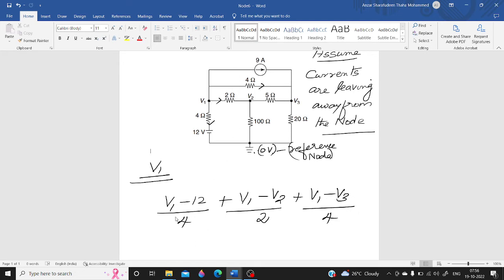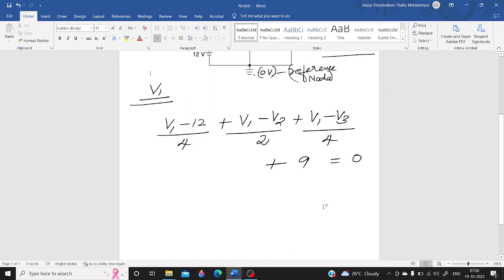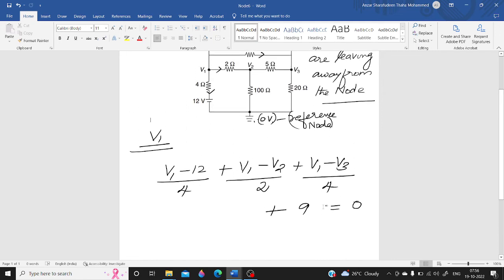And now all the currents are leaving, plus 9 ampere. All the terms in this equation are currents, so this is 9 and this is equal to 0. This is the first equation you got.